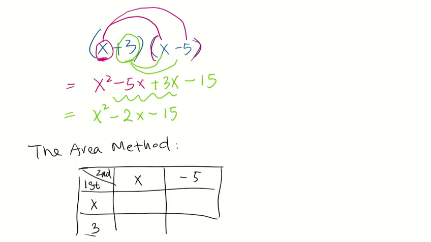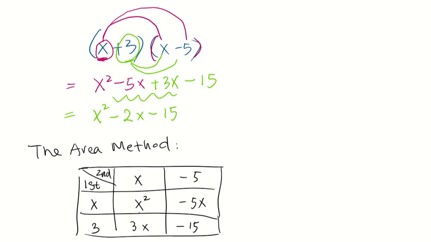Here you can complete this chart by multiplying each term together. So x times x, that will give you x squared. Over here, negative 5 times x, negative 5x. Over here, 3 times x, 3x. Over here, 3 times negative 5, negative 15.